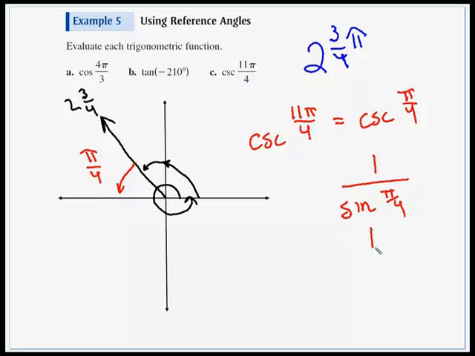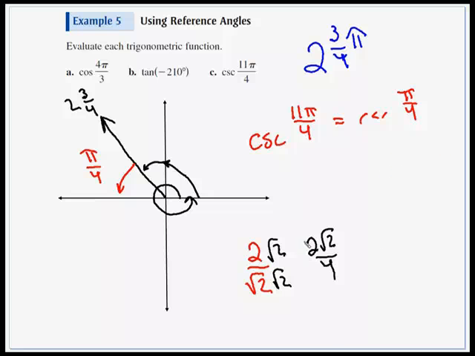So we're going to have 1 over root 2 over 2. And of course we want to flip it over, use our inverse functions. That's going to be the same thing as 2 over the square root of 2. And of course we'd want to rationalize. Multiply by root 2 over root 2, and we'll get 2 square roots of 2 over 4.